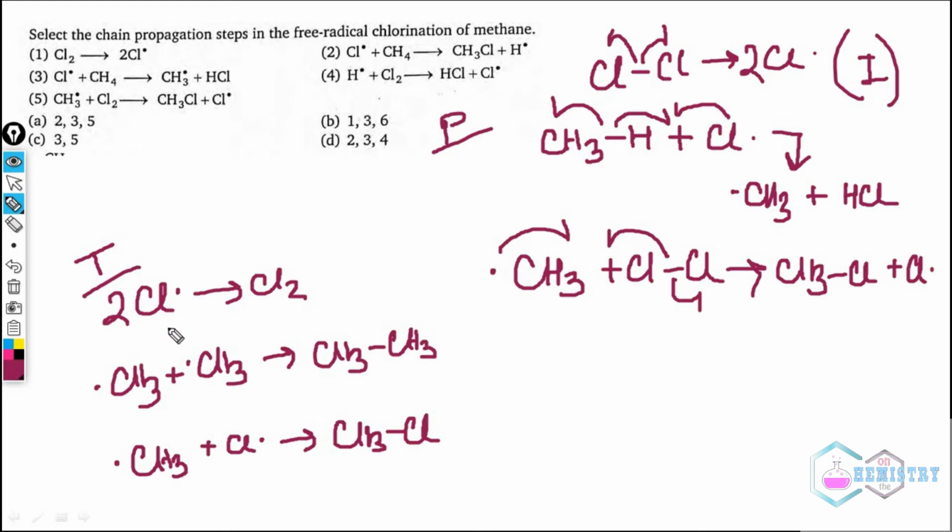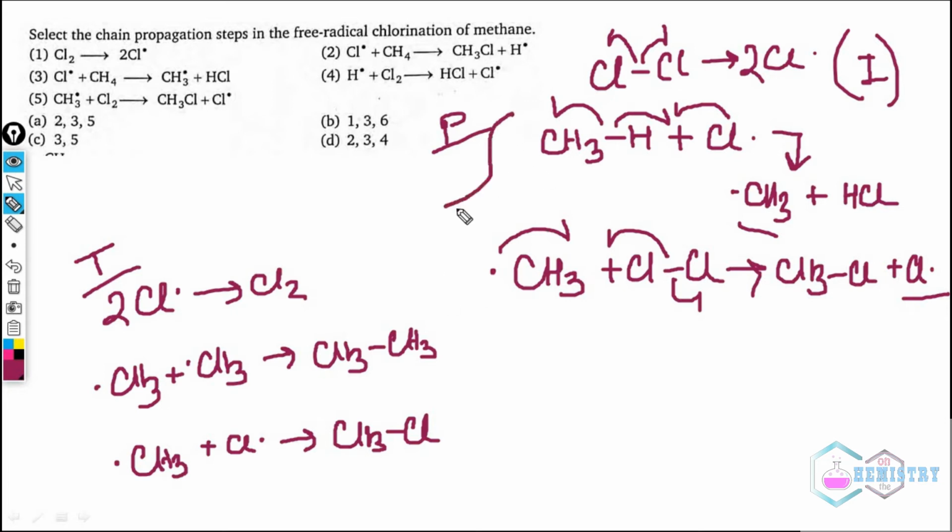Now why are these termination processes? Because if a step continues to generate radicals, like here in this case, it will be a propagation step. And if 2 radicals are joined with each other in any reaction, they form the termination step.